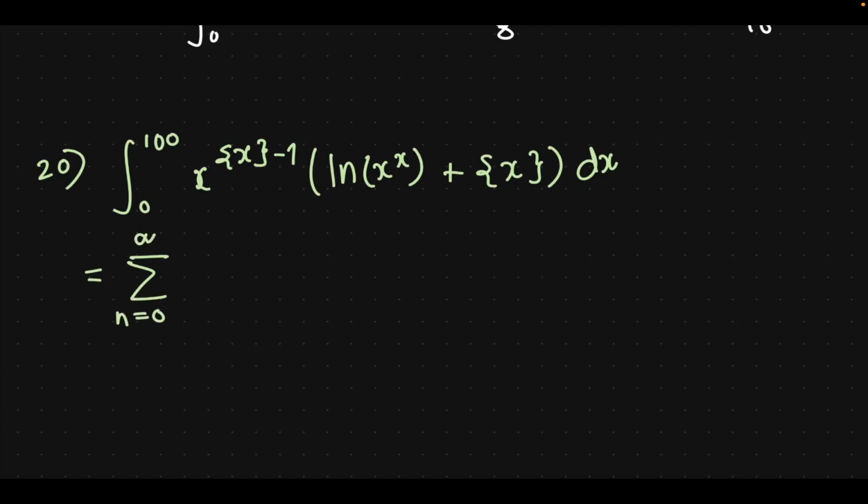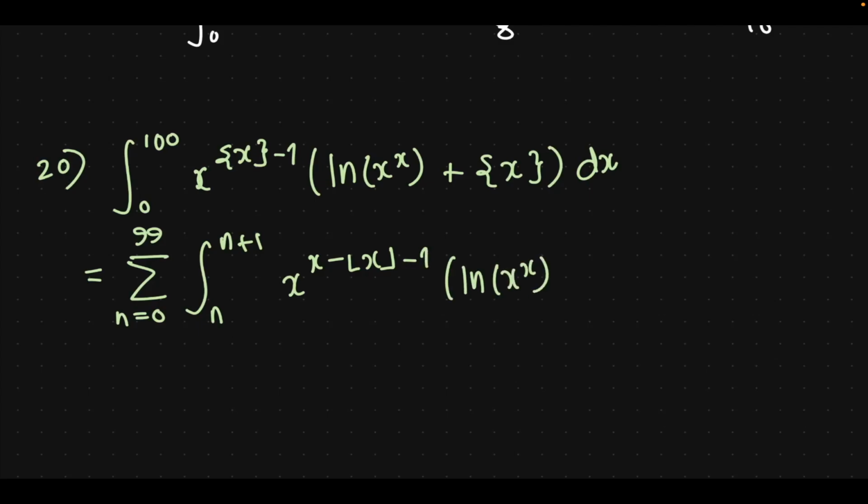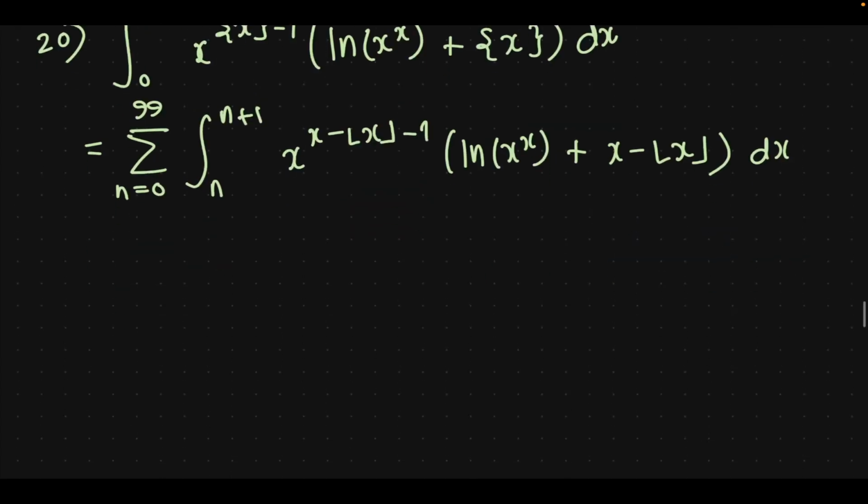Sum from n equals 0 to 99, because we are going to have to split from n to n plus 1 so that we cover all numbers. And we have x, the fractional part is x minus the floor of x, minus 1, ln of x to the x plus x minus floor of x dx.